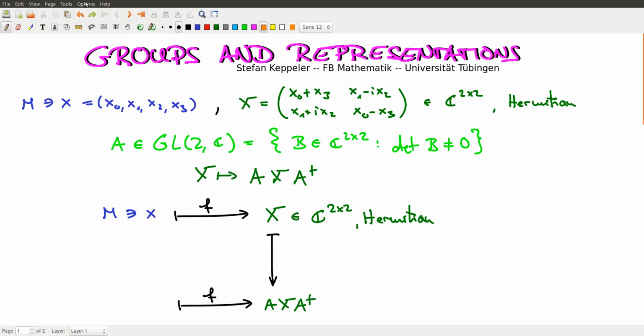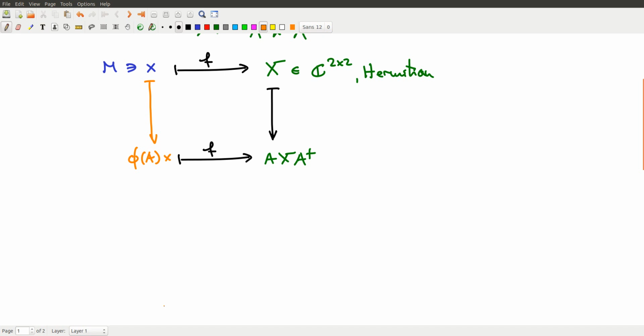So we want to see, go this way here and find some map that takes us directly from the x, the little x, down here. So let's call this phi of A times x, some transformation on the x depending on the A. So what would that look like?